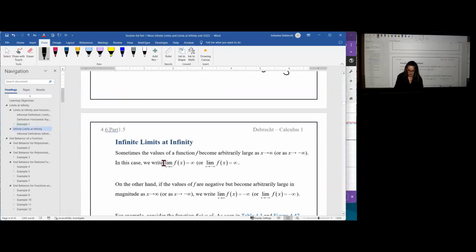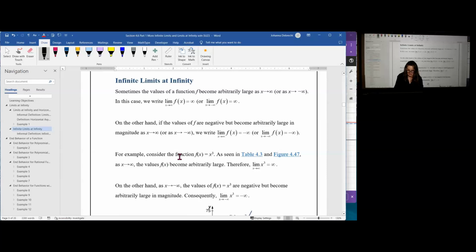Let's now talk about infinite limits at infinity. When we talk about infinite limits, the first part means y is going to infinity or negative infinity. At infinity means x is going to infinity or negative infinity.